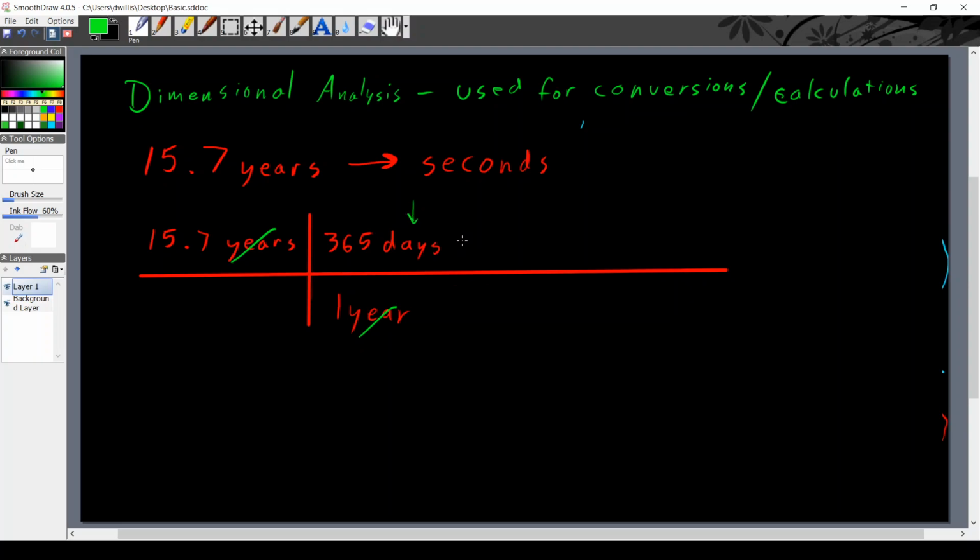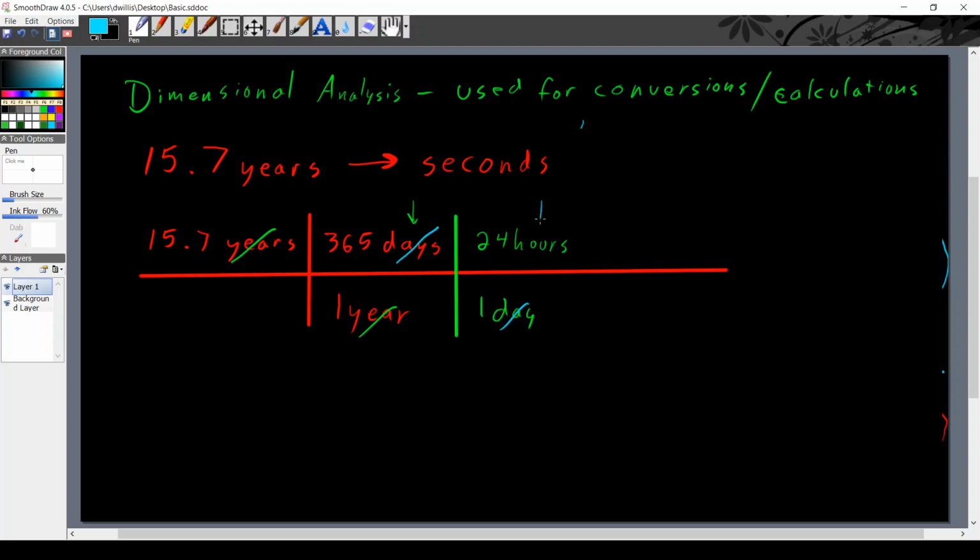Okay, now we happen to know that 1 day, and again I'm going to put the days underneath so that it will cancel, is equivalent to 24 hours. All right, and so I'm going to then get rid of my days.